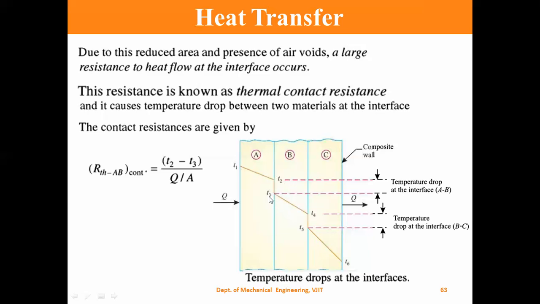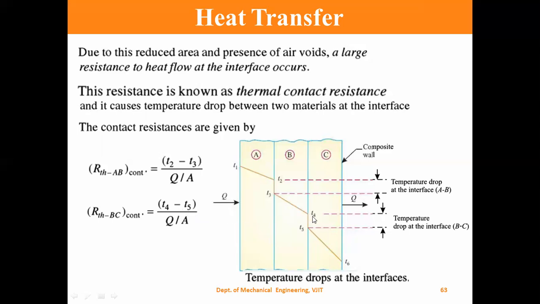So how to calculate that? It can be calculated using this equation. The thermal resistance of AB is equal to T2 minus T3, the temperature drop here, divided by the heat transfer per unit area. That gives the contact resistance of the AB surface. Similarly, we can find the thermal contact resistance of B and C. For this combination, the thermal resistance is given by T4 minus T5, the temperature drop.